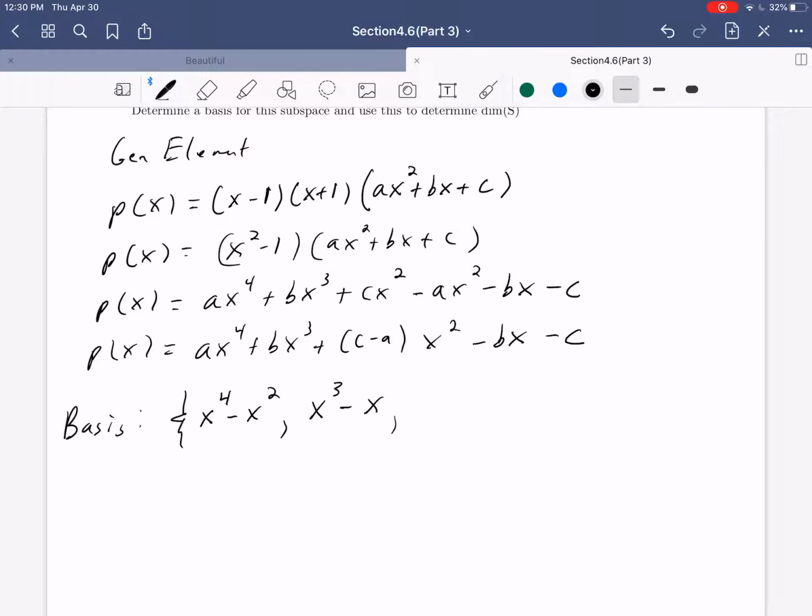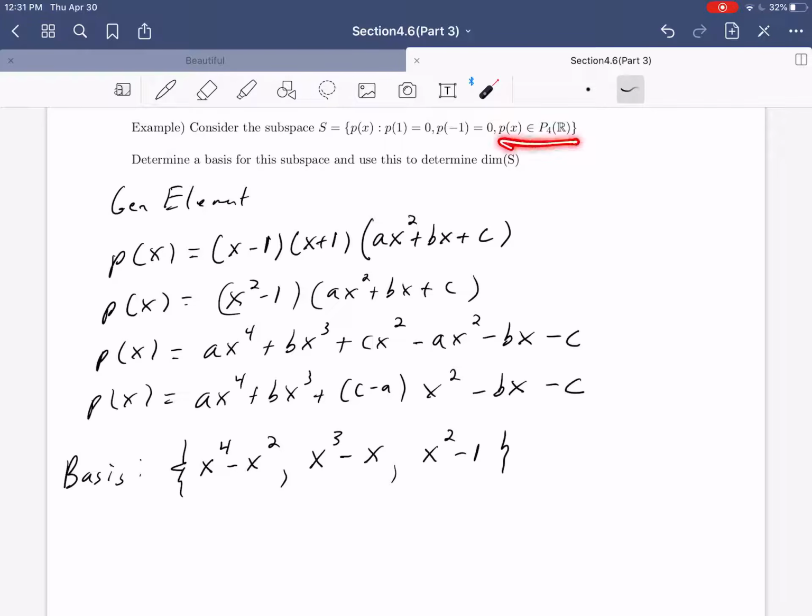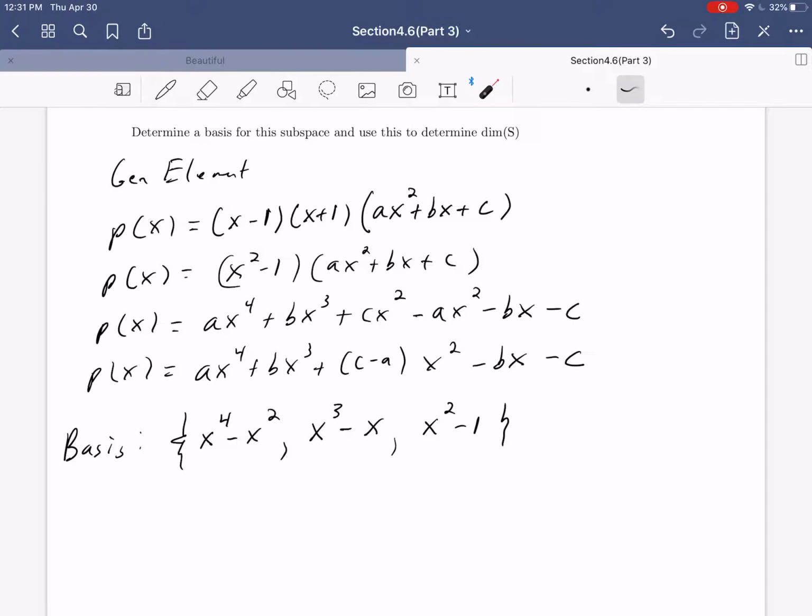And then let's go ahead and let c be equal to 1. And it looks like we get x squared minus 1. So those three polynomials would generate everything that is going to be degree 4 or less and have these roots at both p of 1 equals 0 and p of -1 equals 0.